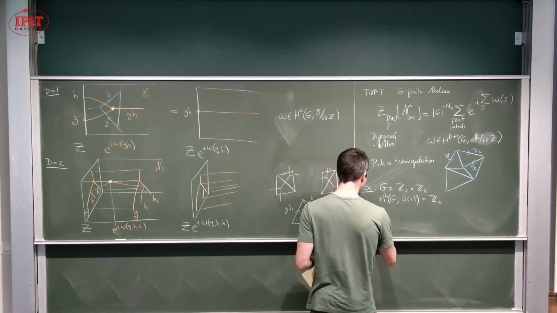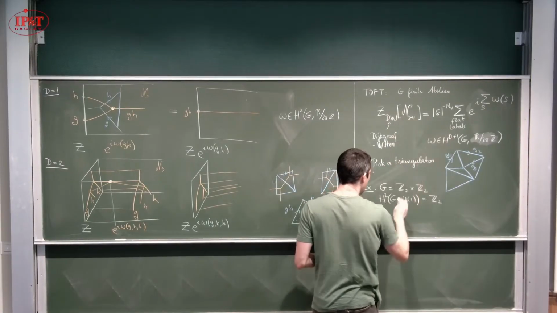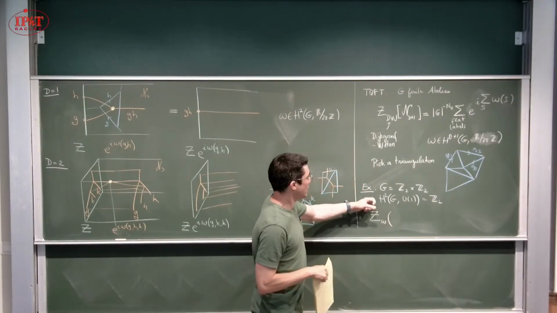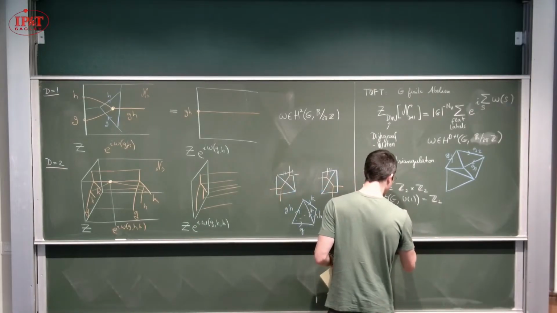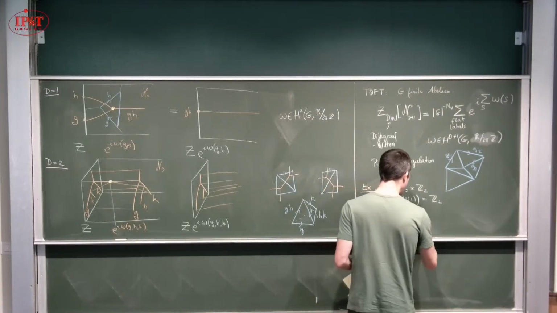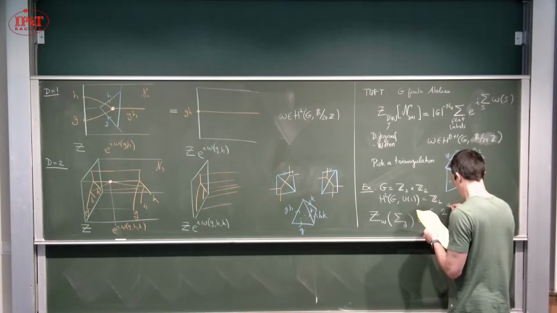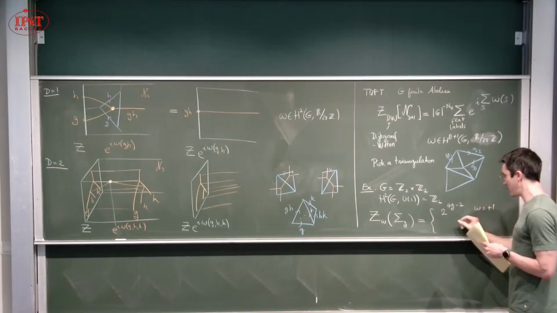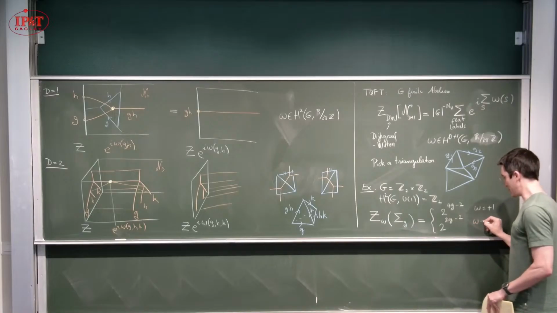If you evaluate Z, which of course depends on this ω that we picked, so let's put Z_ω, and then I have to put here a two-dimensional thing, so let's put a Riemann surface of genus g, Σ_g. Then that's an exercise: you find 2^{4g-2} if ω is the trivial one, and you find 2^{2g-2} if ω is minus 1.